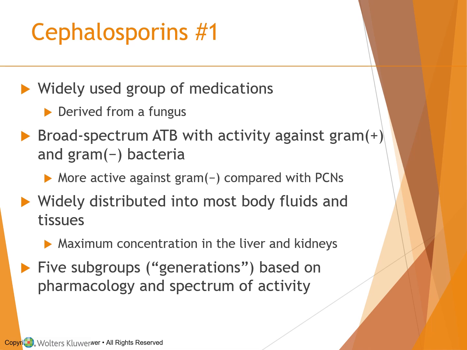Again, it's going to be distributed into most body fluids and tissues. The maximum concentration is going to be in the liver and kidneys. So that should give us a red flag right away, right? If we have patients with renal failure and liver failure. And there are 5 subgroups or generations, and these are based on the pharmacology and the spectrum of activity.